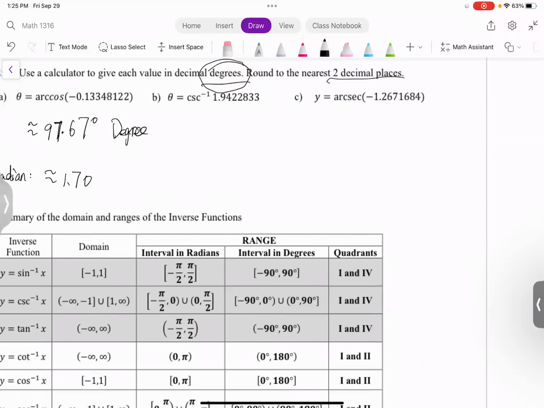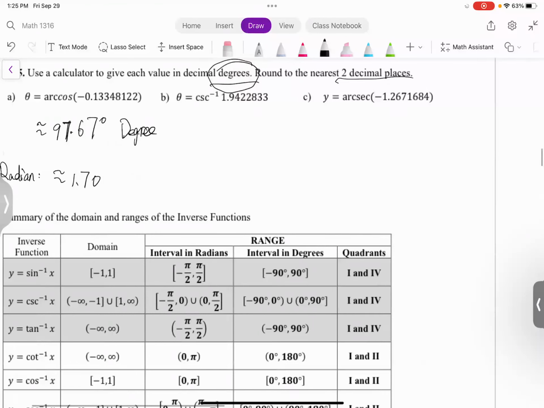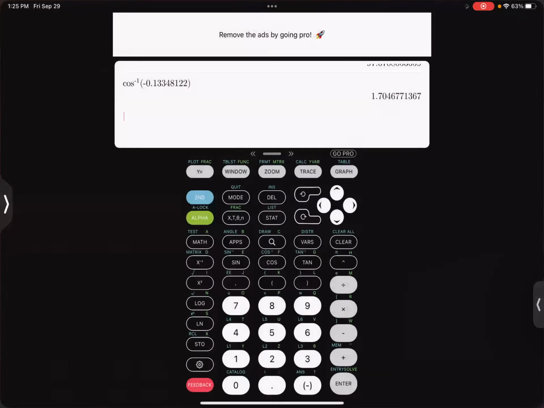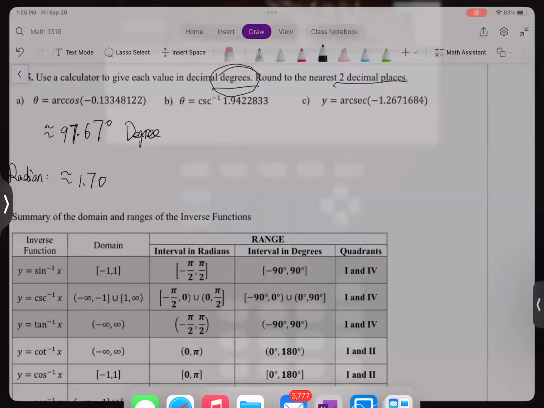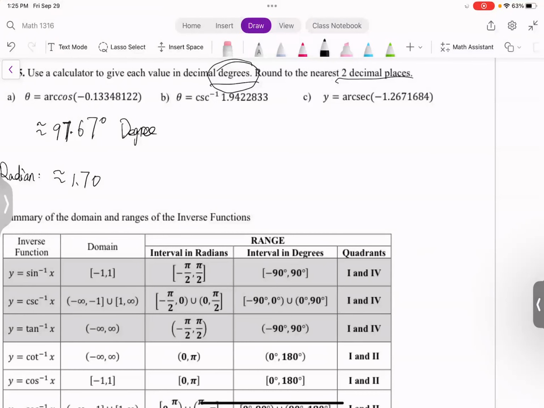If I'm looking for the degree mode, theta equals inverse cosecant of this value. We do not have cosecant on our calculator. So there is no cosecant. What should I do? I need to convert it to sine, because cosecant is 1 over sine.